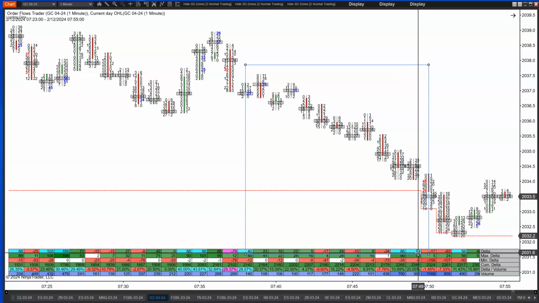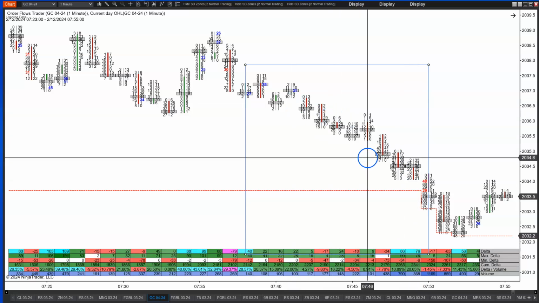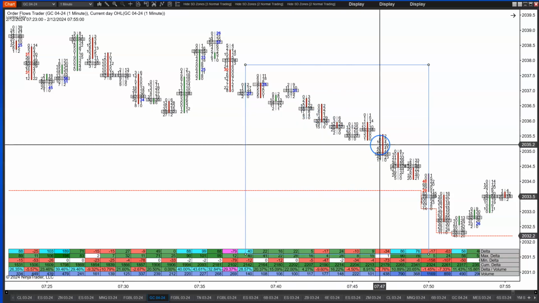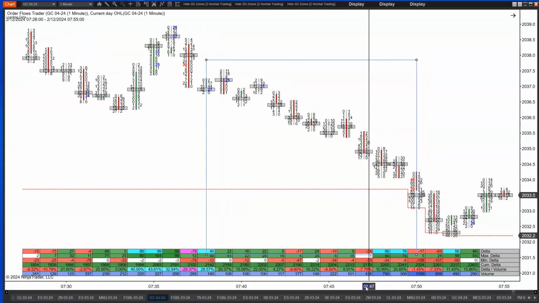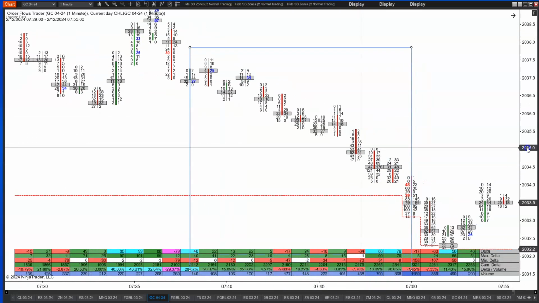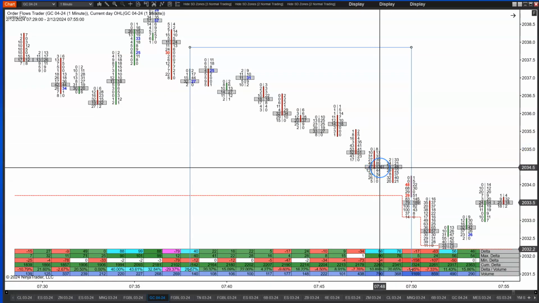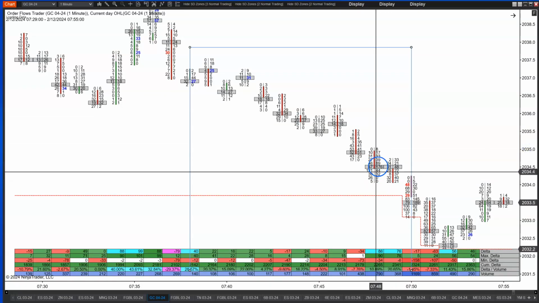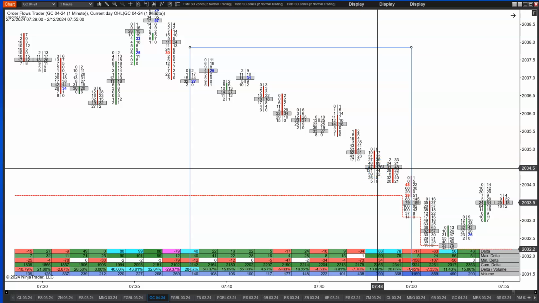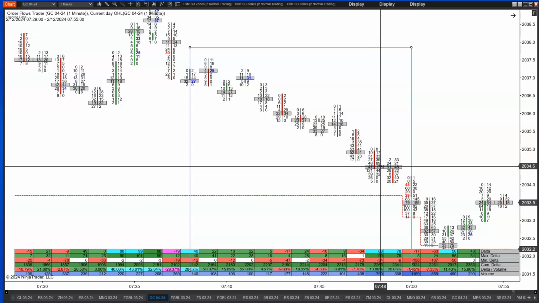What the heck does that mean? Well, it means that supply is coming into the market that's absorbing whatever aggressive buying is taking place. Look at this here. Let's make this bigger so you can see 176 on the offer. You had a big passive seller there to absorb whatever aggressive buying was taking place.